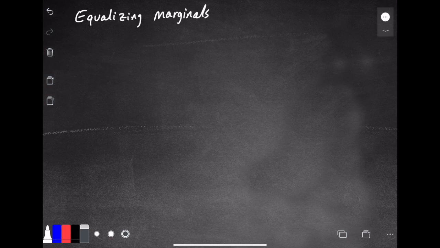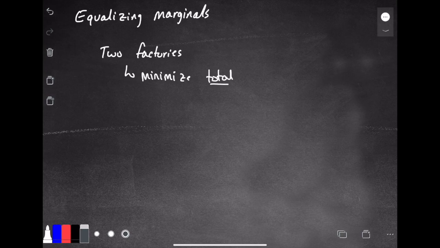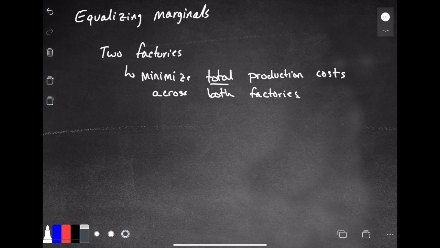For example, suppose you have 2 factories jointly owned by the same company, producing the same product. What we should expect is that each factory will operate at a rate of production that minimizes the cost of total production across both factories.